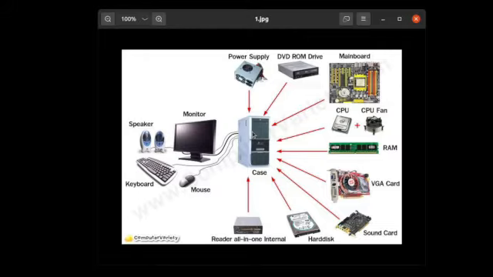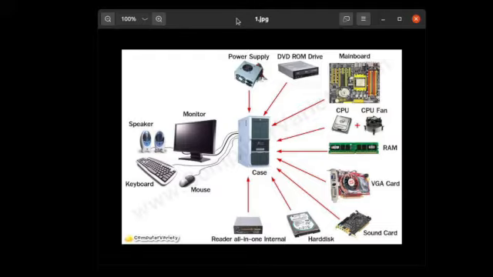In the case we have a CPU, RAM, a motherboard, hard disk, and a lot of other stuff. But we are not going to touch all the other stuff because it will take too long. We need to learn just a few things to know how our machine works.